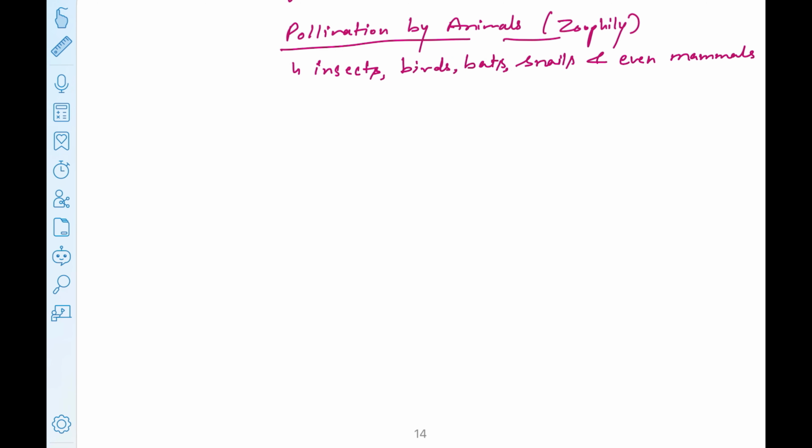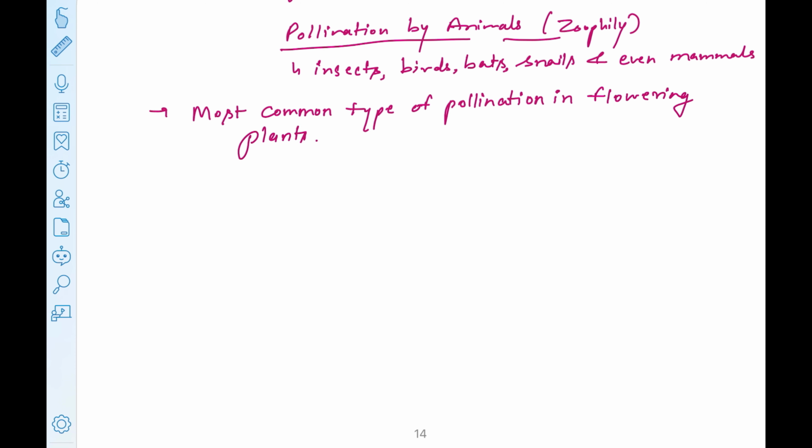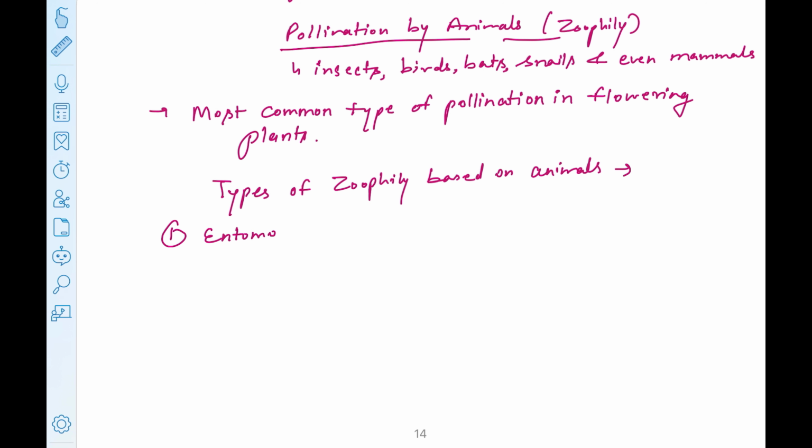Okay, this is the most common type of pollination in flowering plants. Let's discuss about types of zoophily based on animals. First one is entomophily, that is known as pollination by insects, and this is the most common type of zoophily.